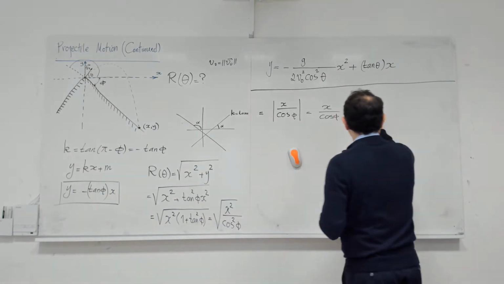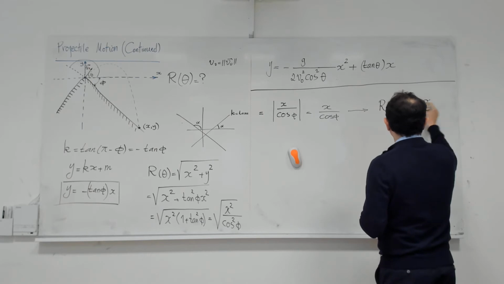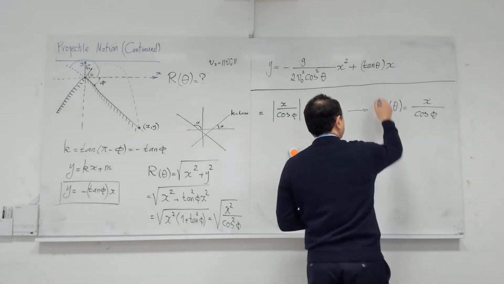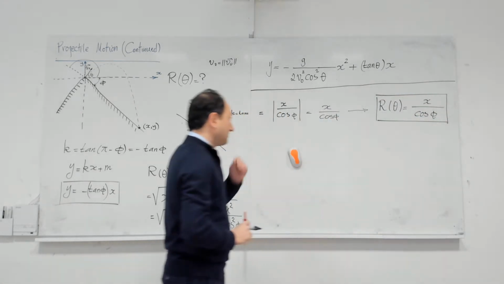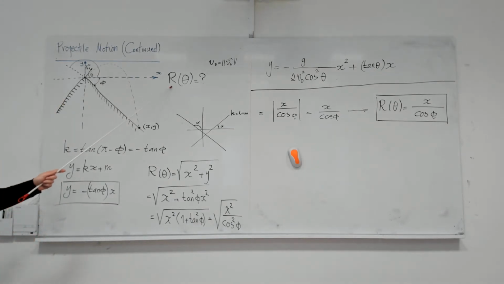Let me just put it in a box. r of theta is x over cosine phi. But this is not very useful because from now on, I want to differentiate my function with respect to theta. If I don't see theta explicitly in my formula, it's not that useful.